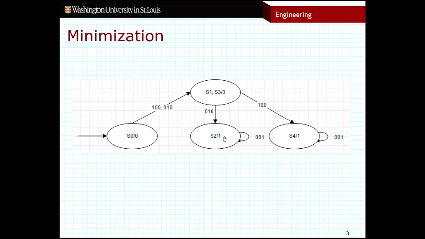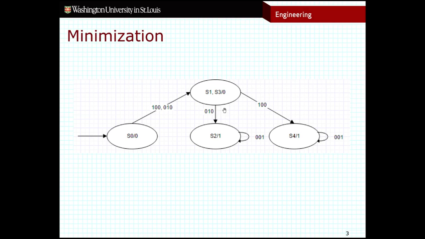And of course, they share outputs as well, which is another condition for saying that two states are identical. This is an exception to our original rule that says they both must transition to the same states. The exception is self-loops. If the self-loops have the same transitions for each state, then I can also condense those states. So state 2 and state 4 are identical.